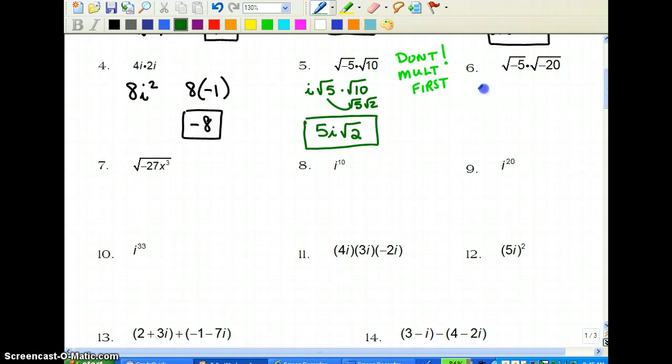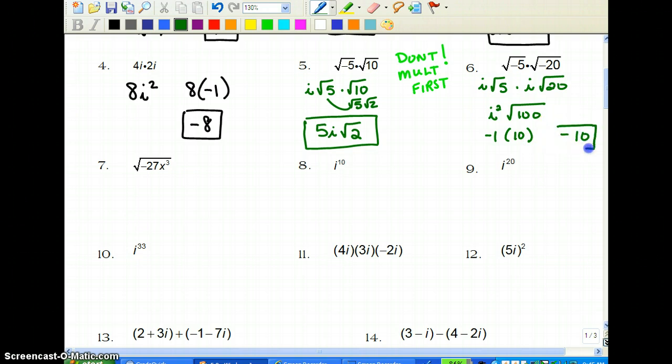This would be i root 5 times i root 20, which is i squared root 100. That's -1 times 10, which is -10.